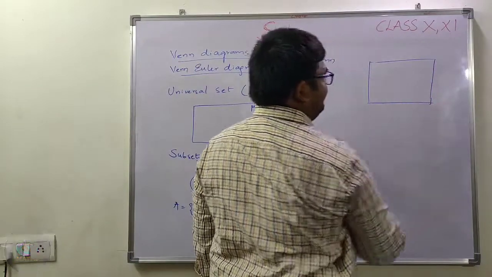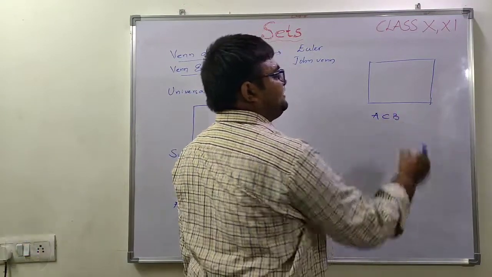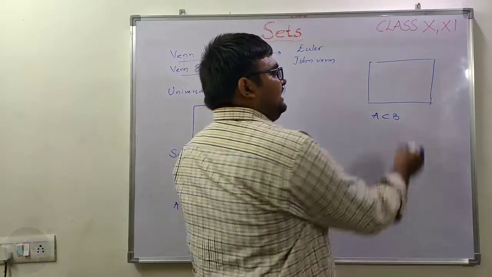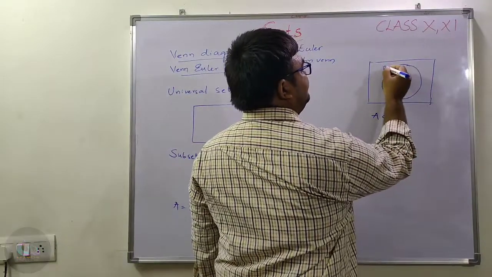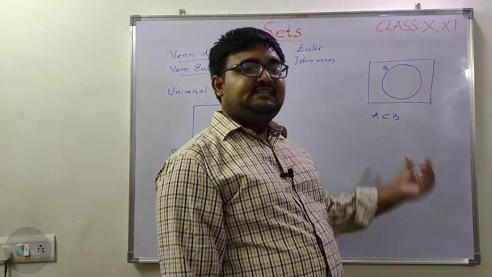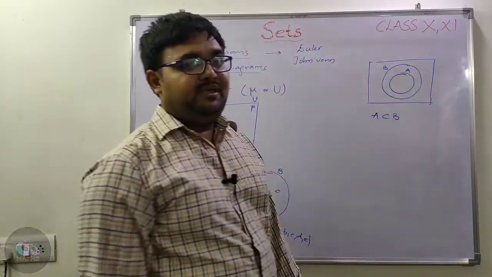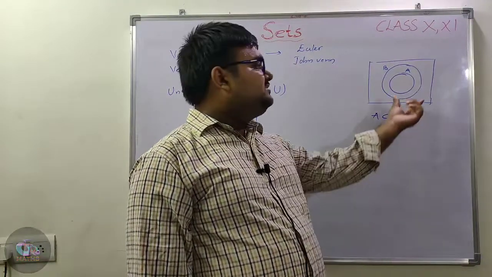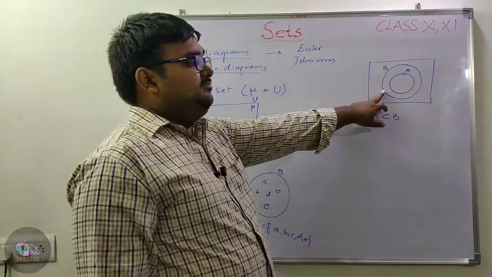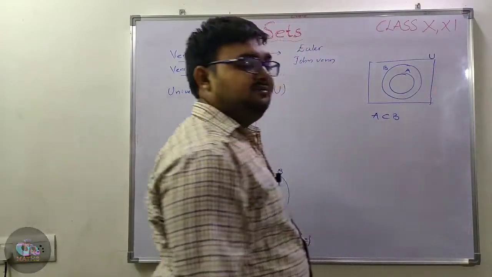If I have a universal set, and I say A is a subset of B, then inside this universal set I will have set B, and A lies completely within B, since A is a subset of B. Subset means it completely lies inside the set B. These A and B will completely lie within the universal set.